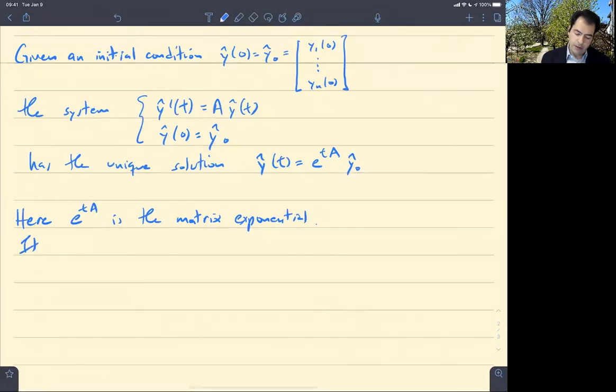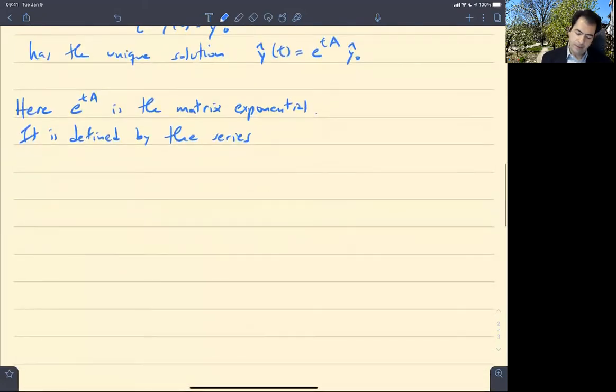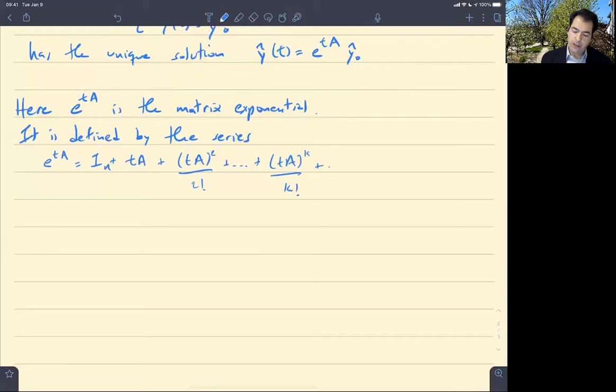It is defined by the series. So e to the tA is going to be the n by n identity plus t times A plus tA squared over 2 factorial, and so on. The kth term would be t times A to the kth power divided by k factorial, and so on. So it's a series.